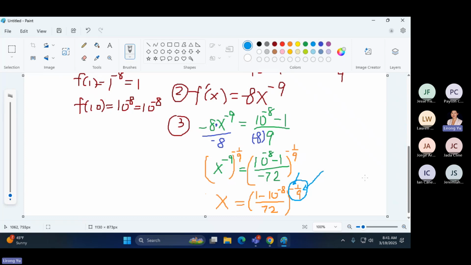So none of them are changing the value. So basically we are raising a fraction to a negative power. But the original treatment of the fraction is still the same. Inside is a fraction that we're handling, and most of the rules about fractions still apply. So we're changing the fraction's format for the ease of representation.